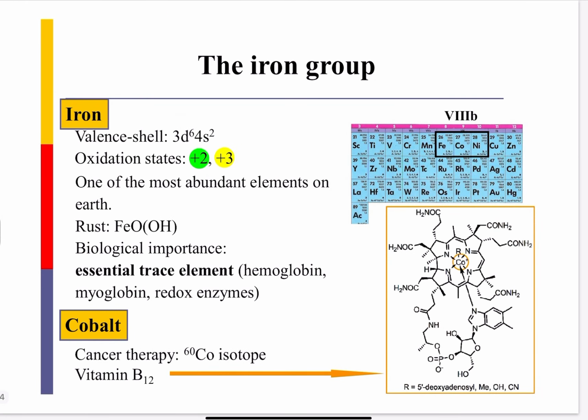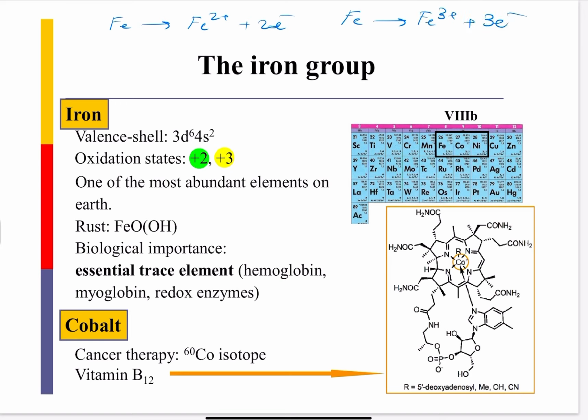And the second element which is very important for us is iron. Iron is 3d6 4s2. It has 2 oxidation states: iron 2 plus and iron 3 plus. Iron can lose 2 electrons to become iron 2 plus, or lose 3 electrons to become iron 3 plus.